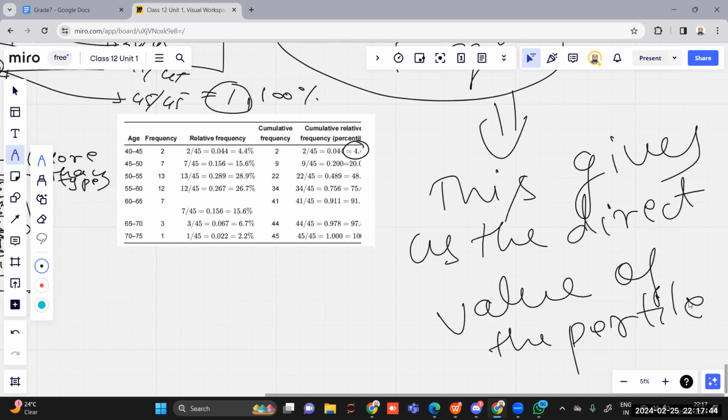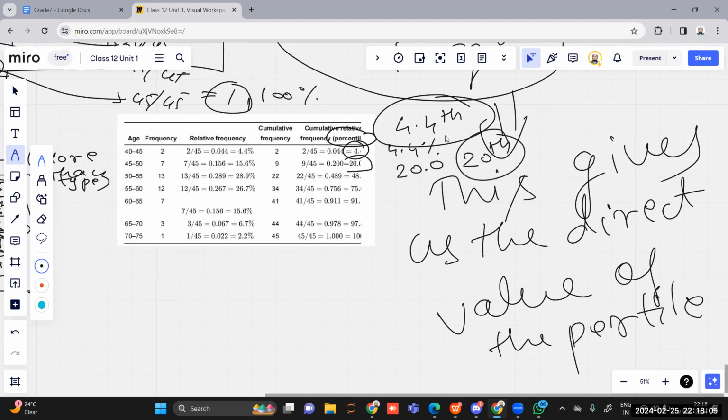Here he has given a percentile. 2 by 45 means 4.4%, so the first data has a percentile of 4.4. The second one gives 20.0, meaning the second data is at the 20th percentile. This cumulative frequency gives us the exact percentile of the data.